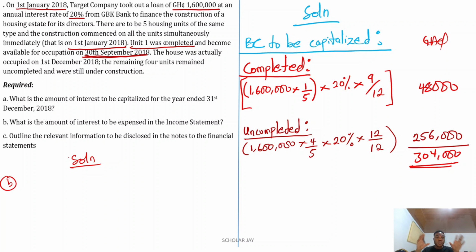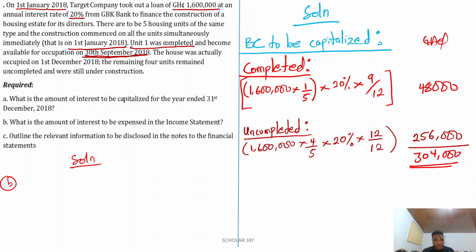Let's look at the borrowing cost for the entire year, because out of this borrowing cost, some must be capitalized, some must be expensed. So let's take the total borrowing cost for the year and subtract the amount that we will capitalize, the one that we are supposed to add to the cost. We will subtract it from the total borrowing cost, and the remaining is what will be expensed.